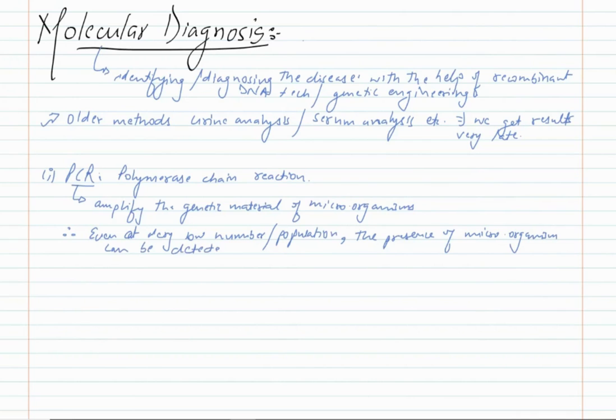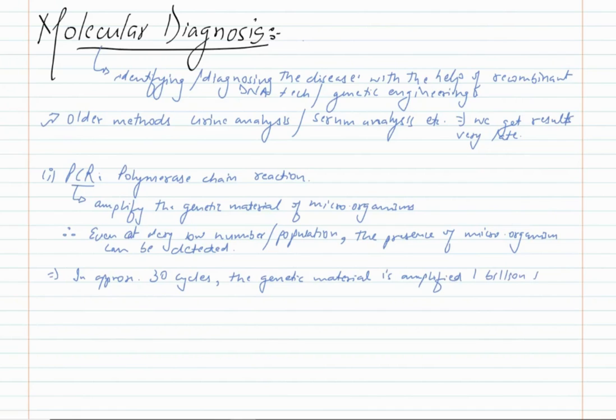We already know that in approximately 30 cycles, the genetic material is amplified 1 billion times.